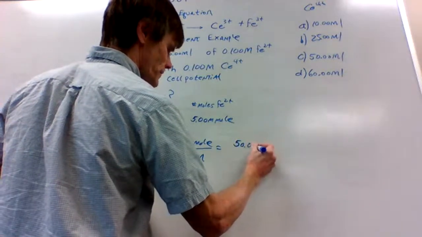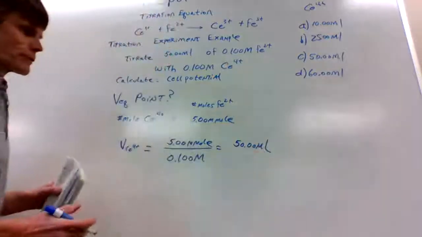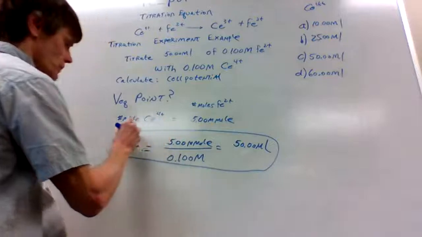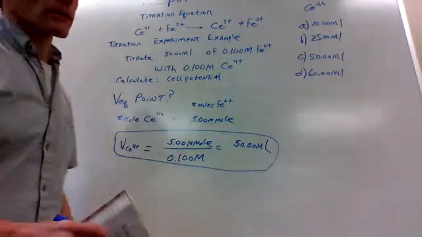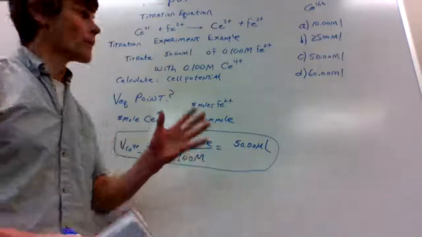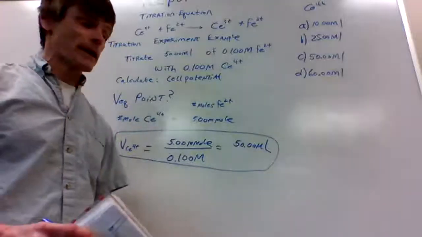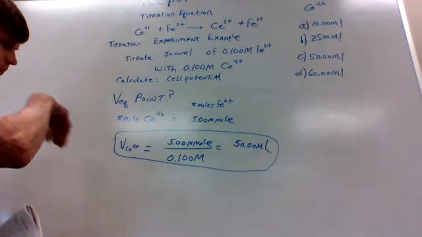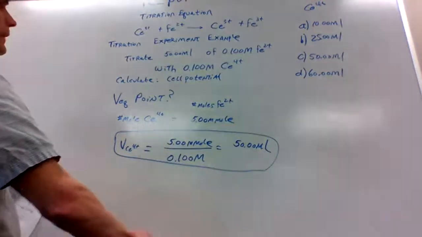And we can see that this is going to be 50 milliliters. That's our volume to reach the equivalence point. Probably could have figured that out simply by inspection. Everybody good? Let's go through our titration now.